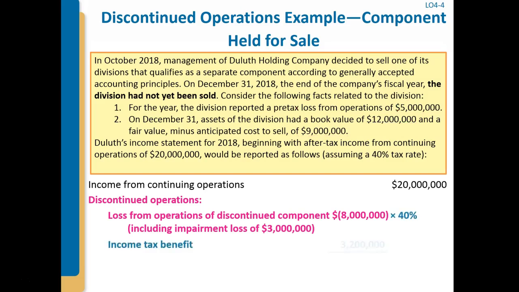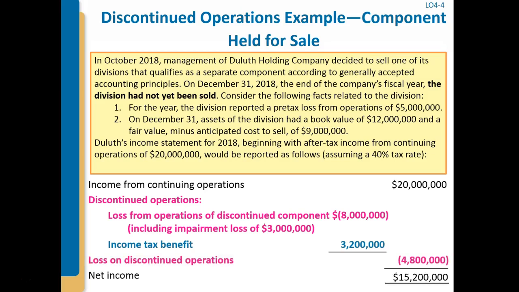The assets of the division have a book value of $12 million and a fair value of $9 million. So the impairment loss is calculated as book value less the fair value, which is $3 million. For the year, the division reported a pre-tax loss from operations of $5 million. These two components together result in a loss from operations of the discontinued component of $8 million.